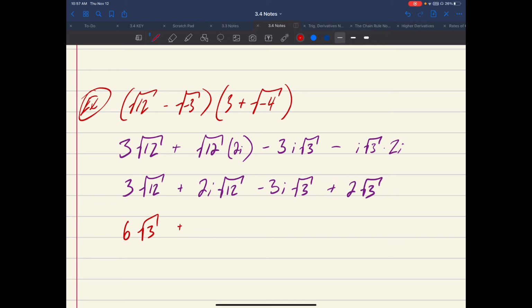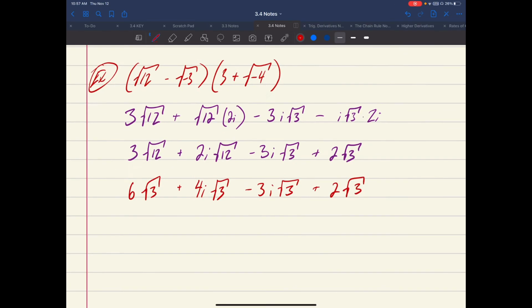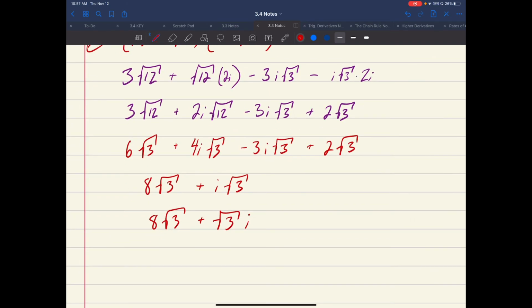So this would be 4i√3. Minus 3i√3 plus 2√3. Okay, now we just combine all these. So we'll have 8√3 plus i√3. And if I want to write that in the form of a plus bi, it should look like that. So you have a plus bi.